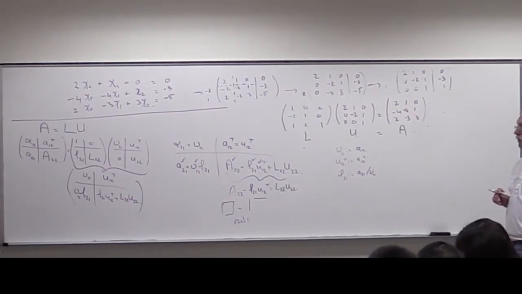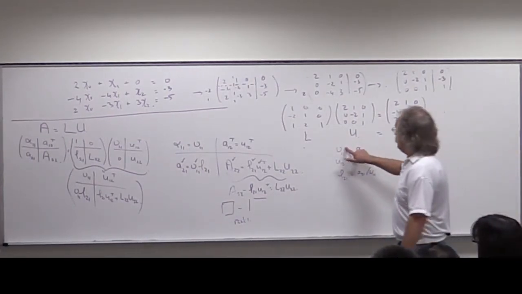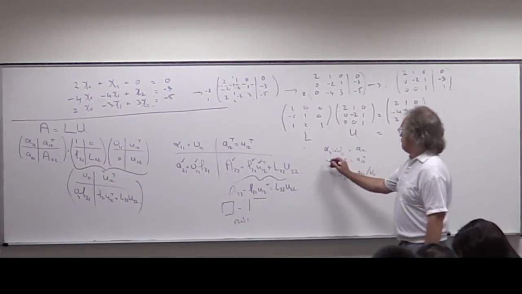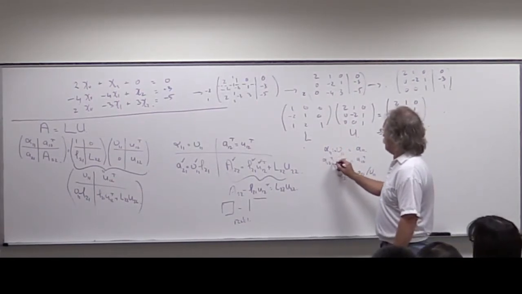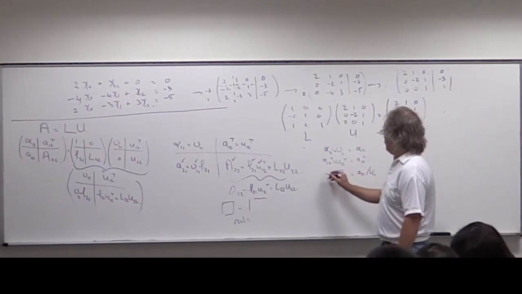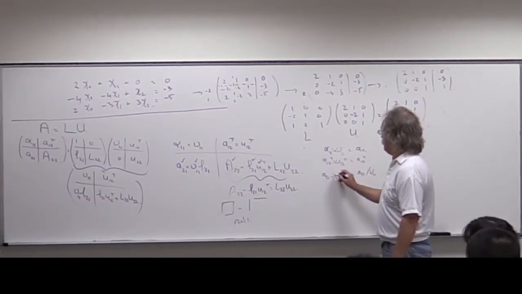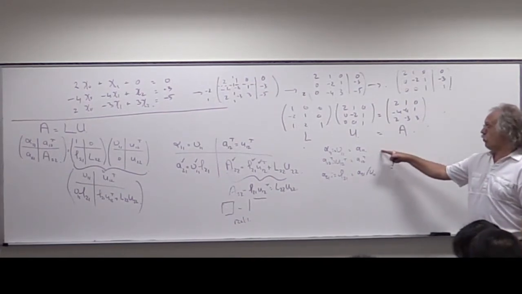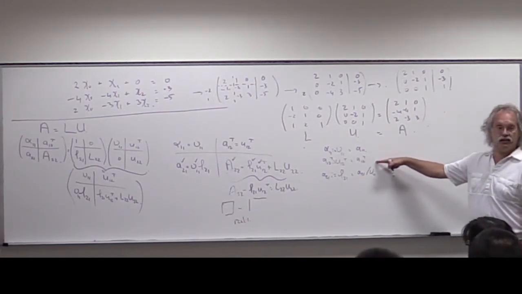Now, it would be convenient to go ahead and just overwrite matrix A with the result. Notice that this, of course, is a no-op and this is a no-op, right? Nothing needs to be done.